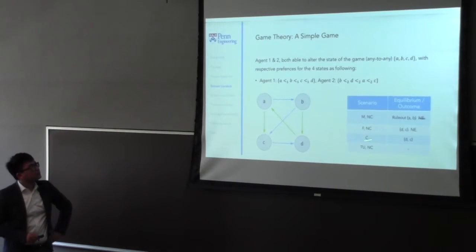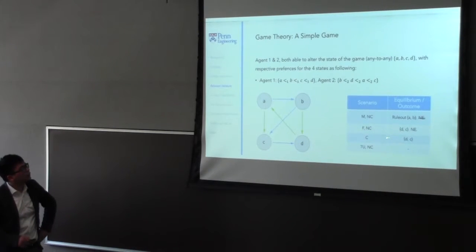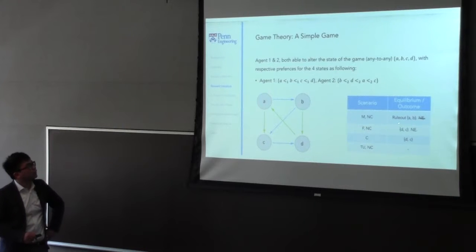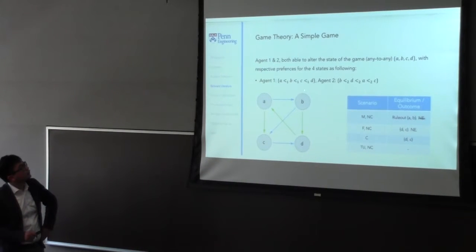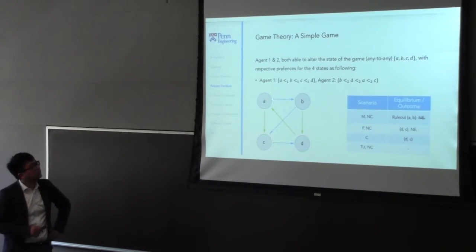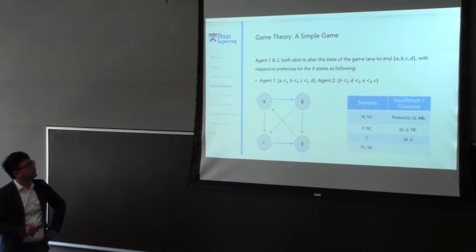The second scenario is the farsighted non-cooperative game, and you basically find you'll be in state D or C. I'll just talk about one state. If you're in D and it's agent 1's turn to move, you will not do so, because this is already an ideal state.